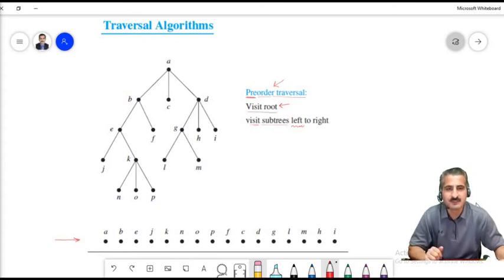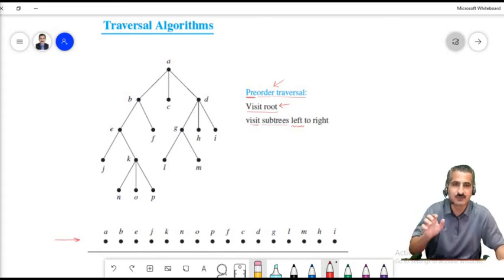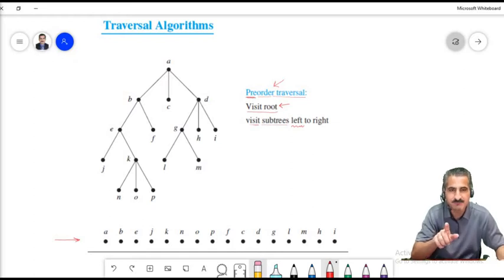Once we take it, we will go to the left subtree of A. Once we go there, we are at a new tree in which we will take the root, and then we go to the left subtree of it. Again, we will be at another tree, in which we will take the root and then visit the left subtree of it, and so on.